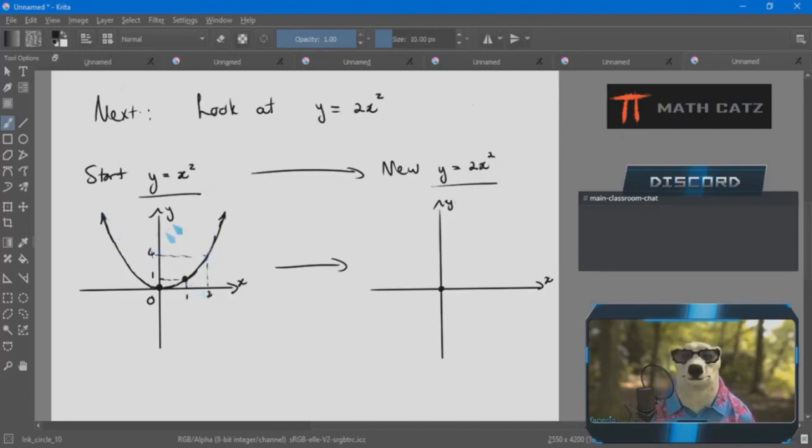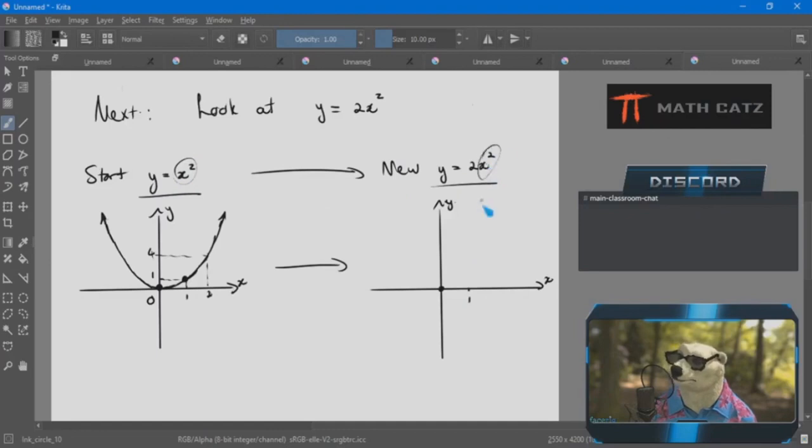To get, in the original, a y value of 1, my x value needed to be 1 on the right side. Now when x is equal to 1, I'm going to do the same thing I did originally.